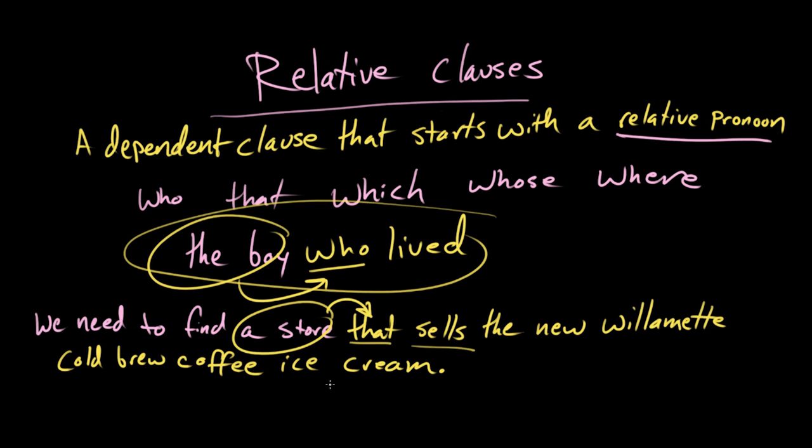And everything in yellow here, all this yellow text, is our relative clause. It cannot stand on its own as a sentence. You could not just have that sells the new Willamette cold brew coffee ice cream. On its own, that doesn't work because the very presence of this relative pronoun requires more stuff to go on.